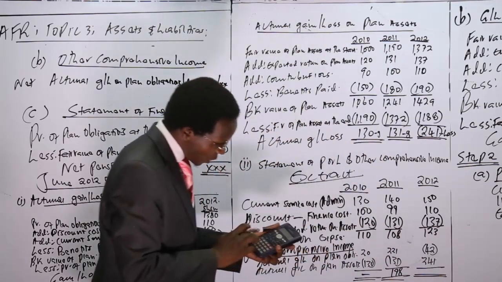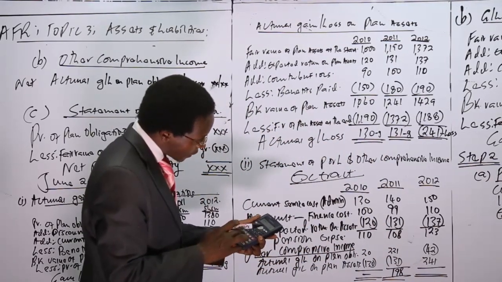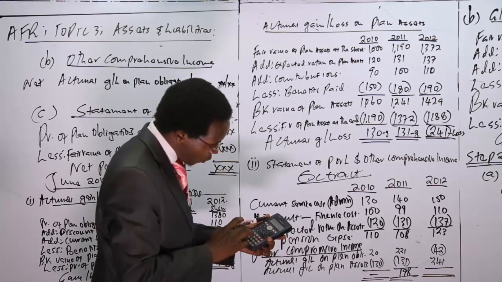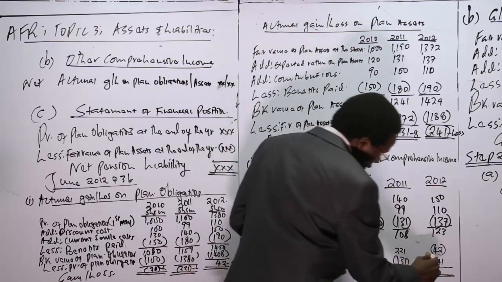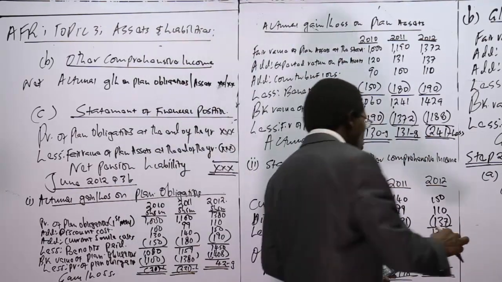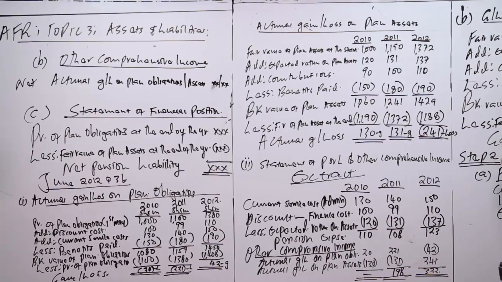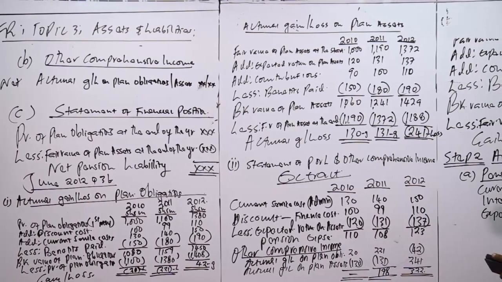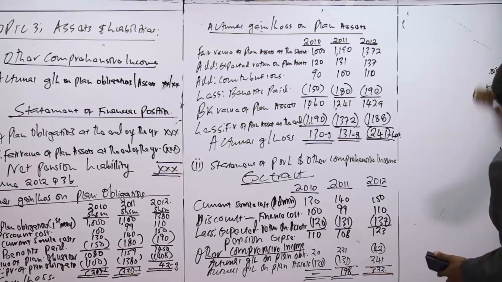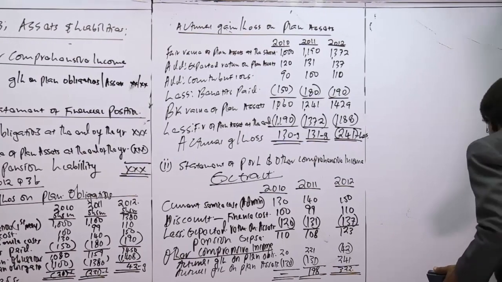Then we come to 123 plus 42 plus 241. That is 322. Fine. That is for the statement of profit or loss and other comprehensive income. So we'll come to the statement of financial position finally.